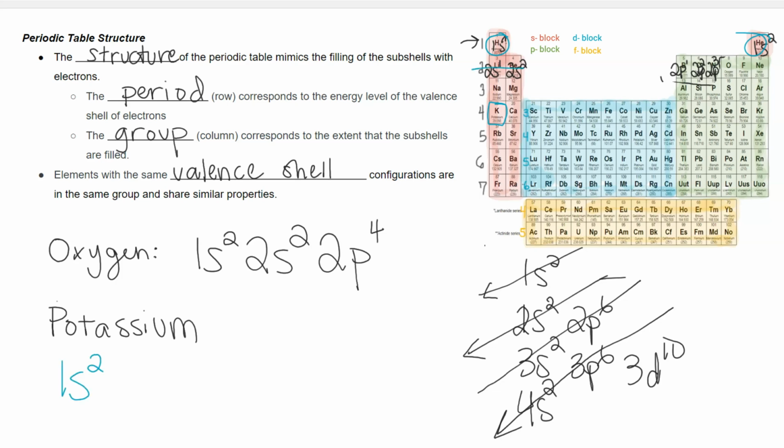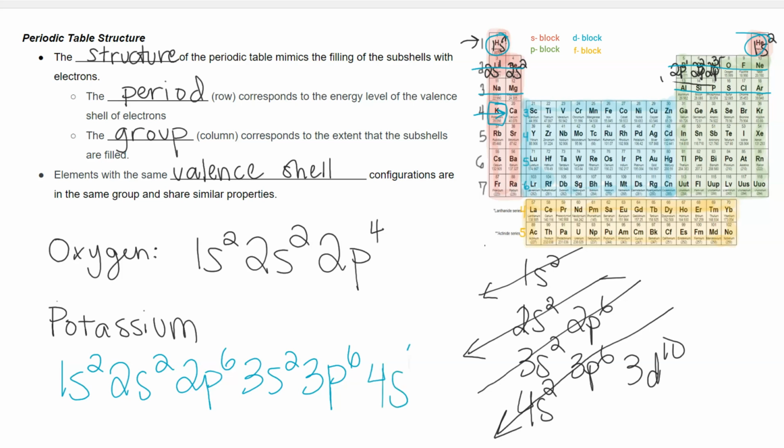Then 2s2, 2p6, okay, then we go down to row 3, 3s2, then 3p, and we're going all the way across, so 6, 3p6, and then 4s, and we're only 1 into the s block, so we're going to end with 4s1.